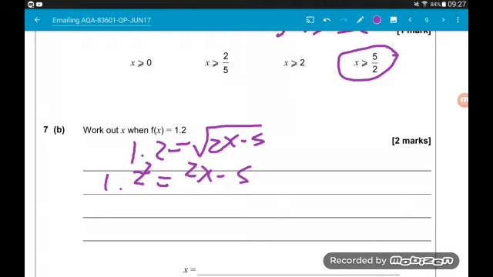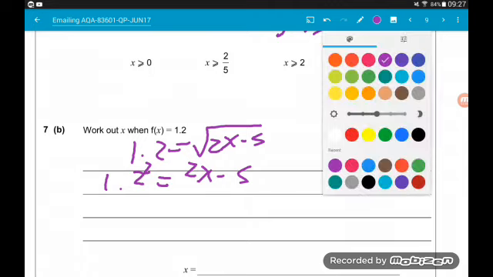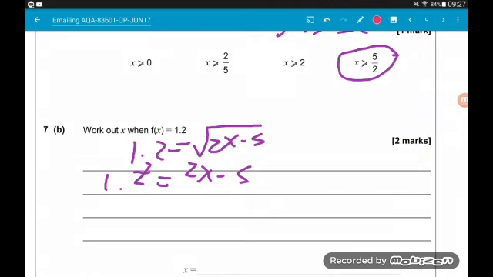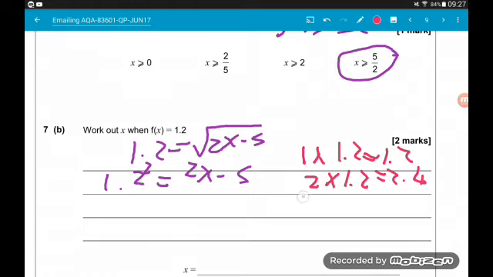Let's break that down. So 1 times 1.2 is 1.2. 2 times 1.2 is 2.4. So 0.2 times 1.2 is 0.24.